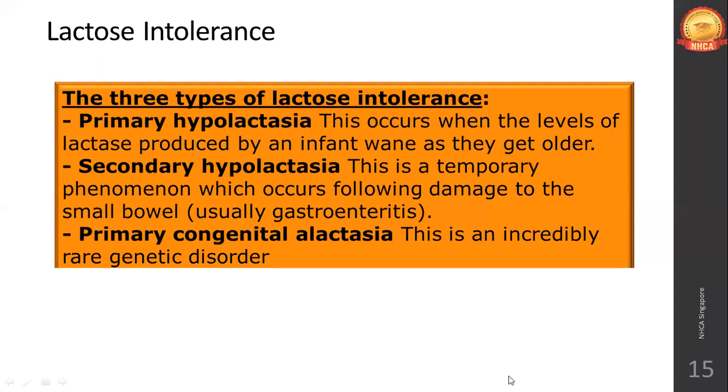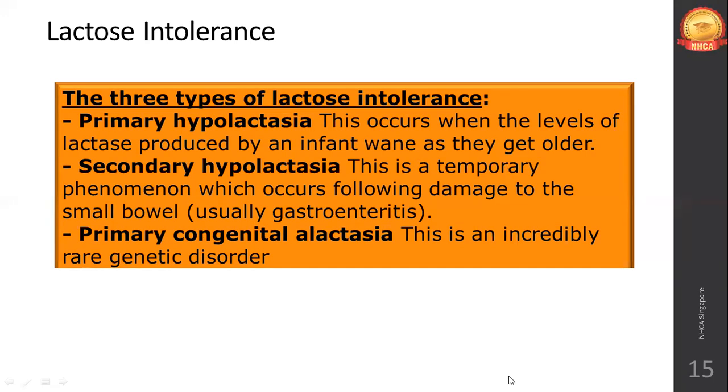So there are three different types of lactose intolerance. Primary hypolactasia. Hypolactasia means reduced secretion of the lactase enzyme. It occurs when levels of lactase produced by an infant wane as they get older.